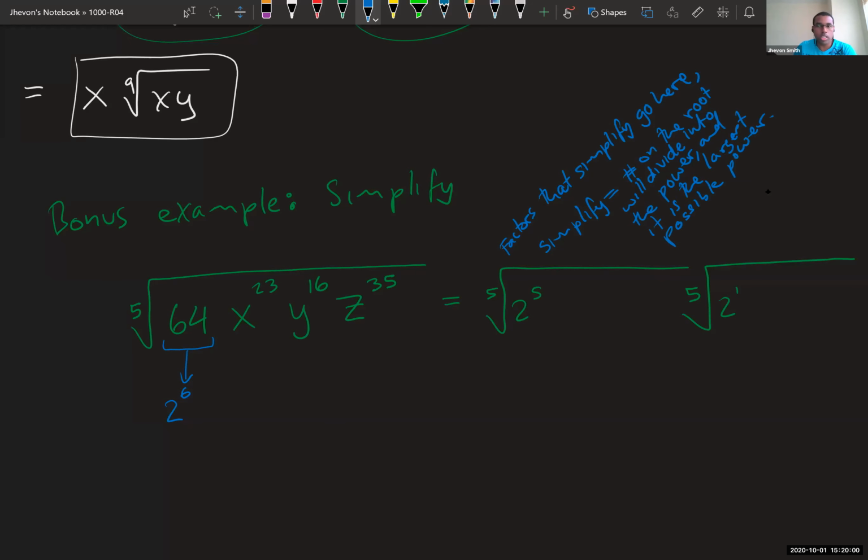We'll see where the largest possible power part comes up pretty soon, but let's move on. What about the x to the 23? How would you break that up?